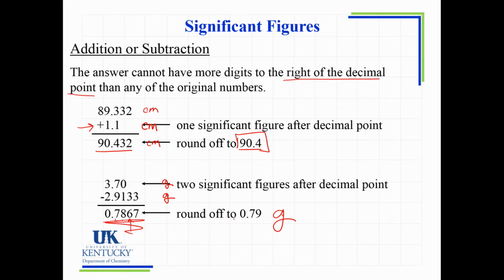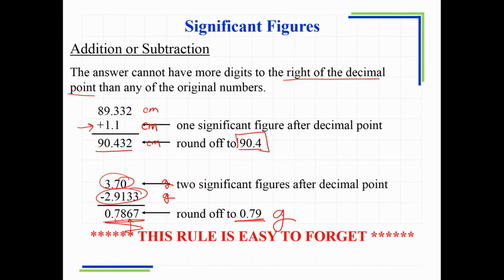So we have lost significant figures, because this had a total of 3 sig figs, this had a total of 5 sig figs, and now I only have 2 total significant figures in my answer. It can get smaller in the number of significant digits that we are allowed to keep, but it is an accurate thing to do.